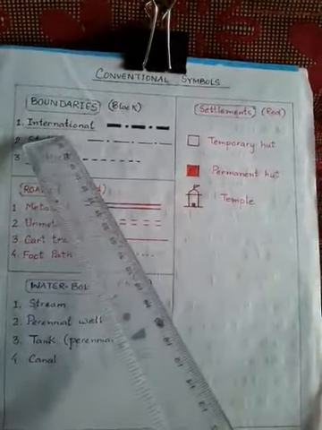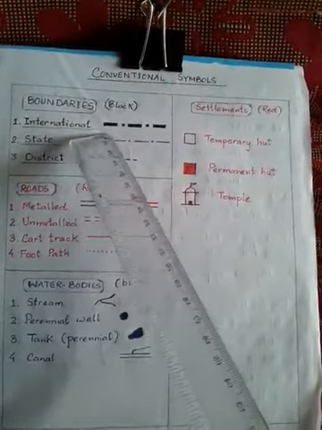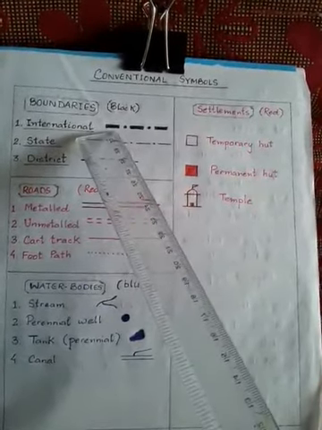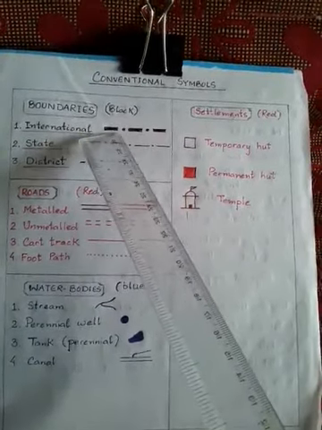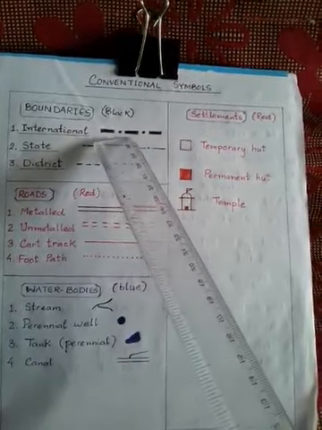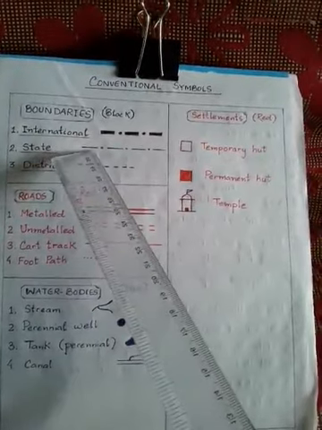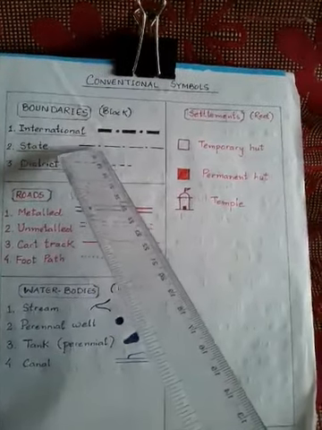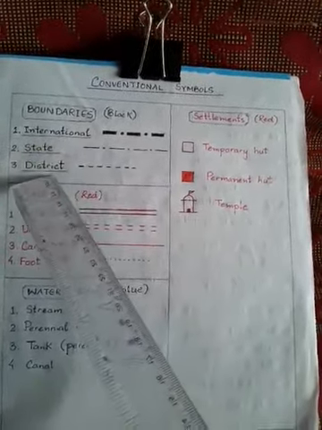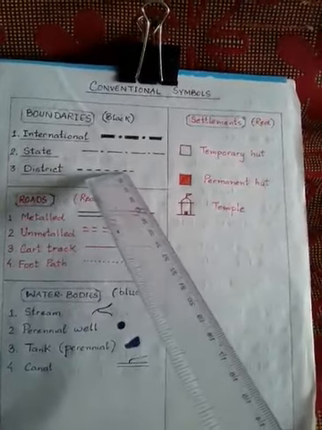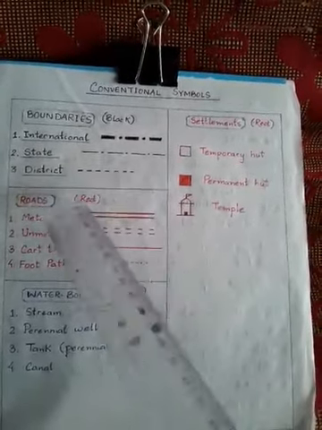For the boundaries, we use black color, and we have drawn here international boundary, that is very bold and thick dash as well as dots. For the state boundary, it is not very thick, it's a thin line, dash and dot. For the district boundary, small dashes, all in black colors.